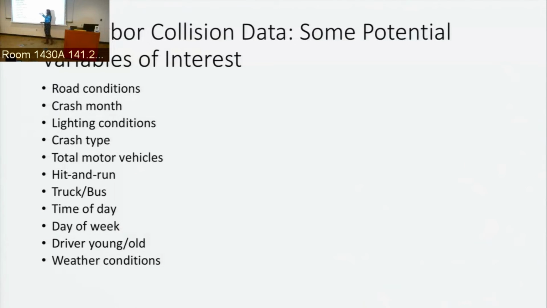How many vehicles were involved? Was it a hit and run? Was a bus or a truck involved? Was the driver young or old? So they have their own criteria for that. But basically, I think old drivers are 65 and up or something like that. And also the general weather conditions. So again, you can look at any variable you're interested in, but I think these are probably the most interesting or informative to start with.